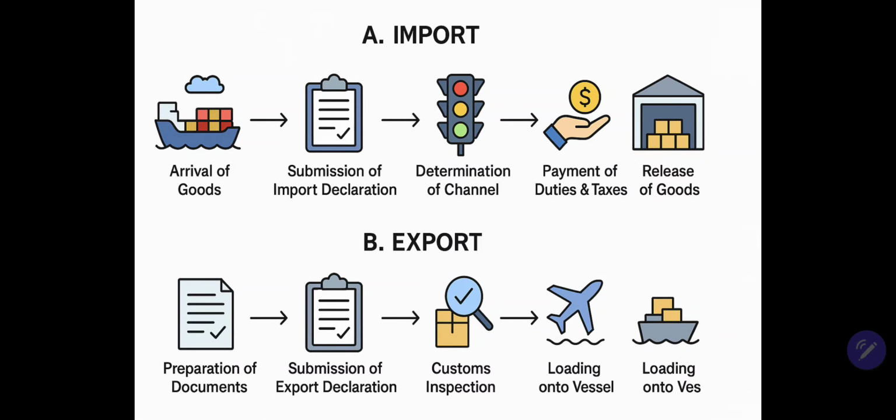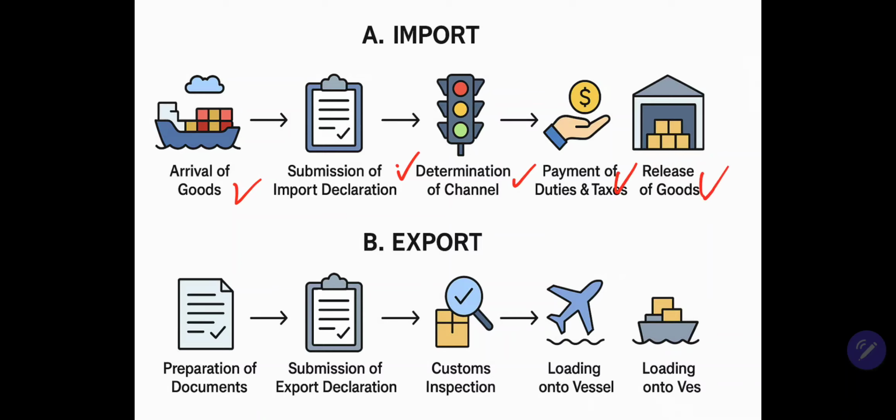You can see here the custom clearance process for both import and export divided into two sections: import and export. Starting from import: arrival of goods, submission of import declaration, determination of channel, payment of duties and taxes, release of goods.